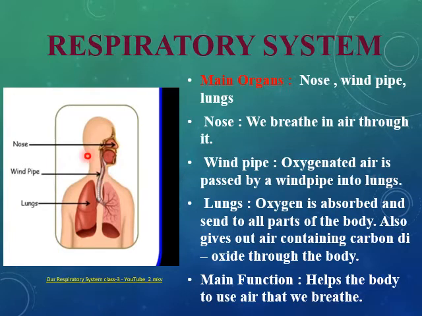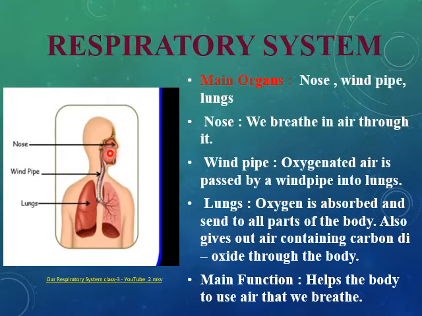Now children, when we breathe in air through our nose, if you see in our nose, there are small hairs, and these hairs are known as cilia, and these cilia also perform an important function for us.